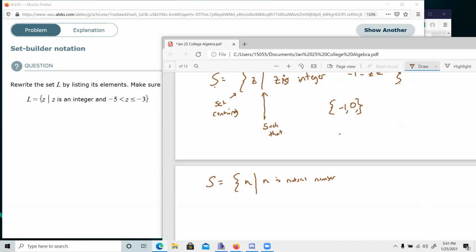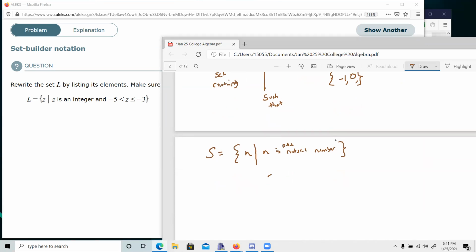How about we say n is an odd natural number. Okay, so if we wanted to start writing this, we would say S is equal to 1, 3, 5, 7, 9, and then so forth.